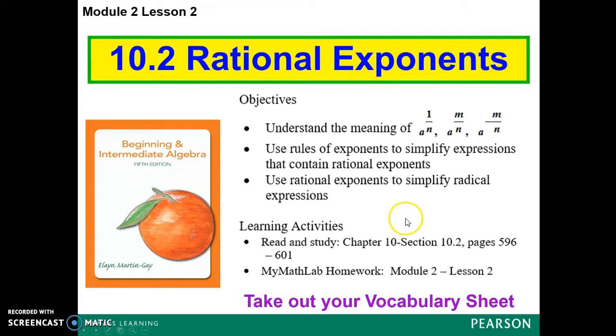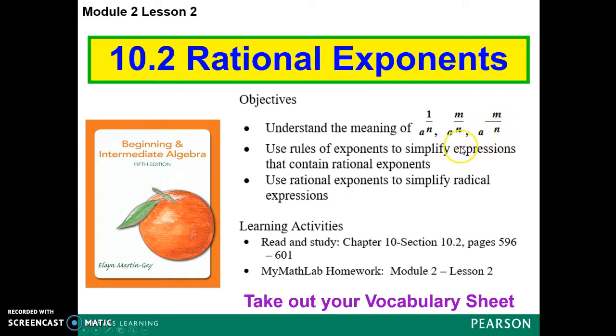This is Module 2, Lesson 2, Section 10.2, Rational Exponents. Today we're going to talk about understanding the meaning of 1 over a to the n, a raised to the 1 over nth power, a raised to the m over n power, and a raised to the negative m over n power.